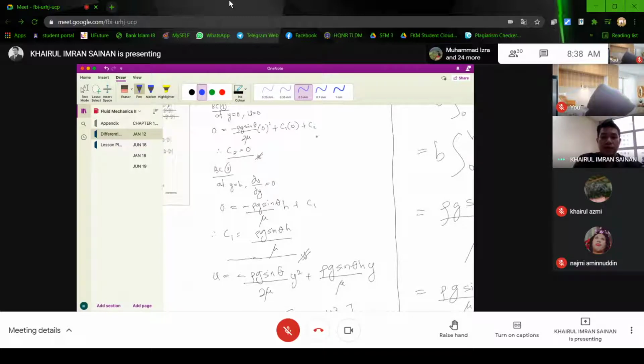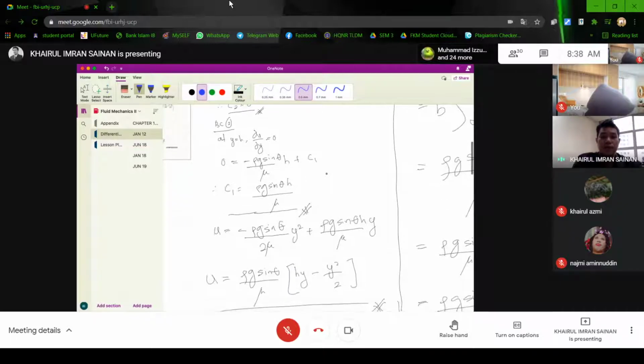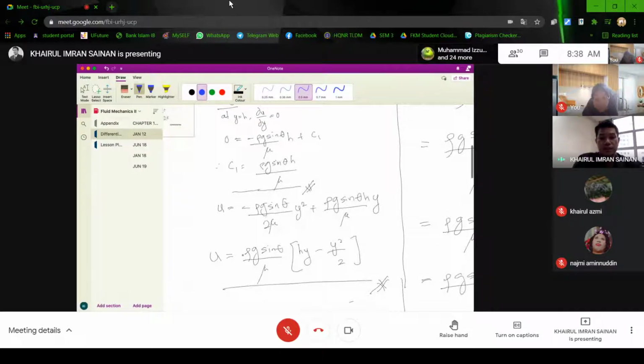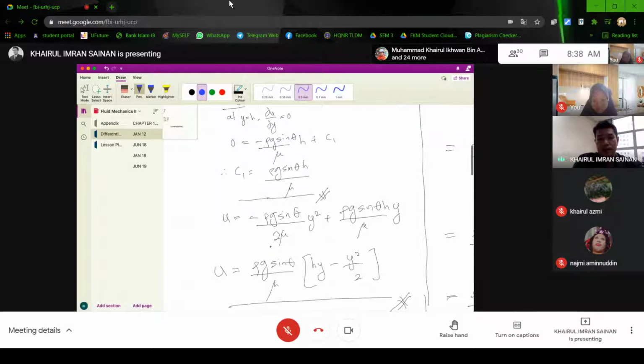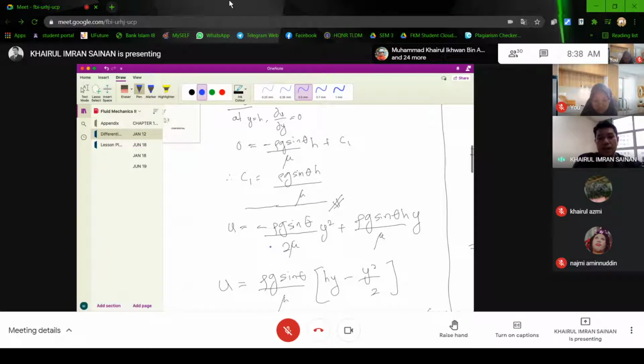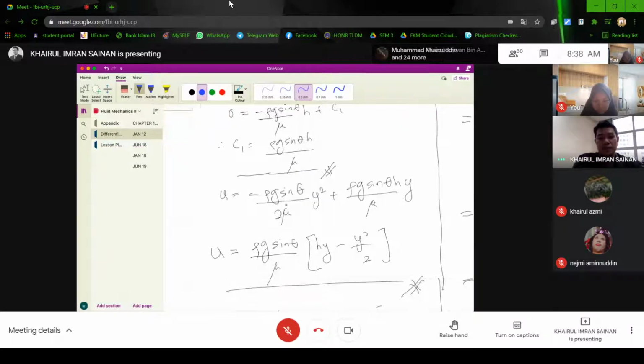You can simplify this equation by taking out the common terms, which is rho g sine theta divided by mu.